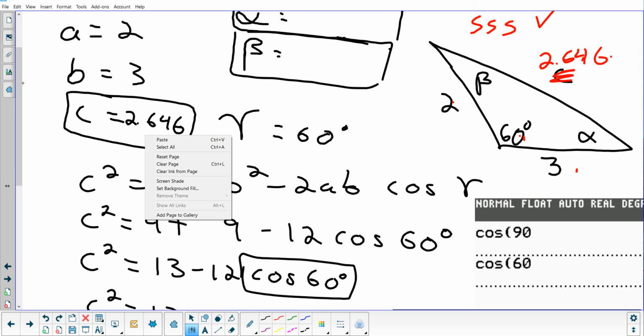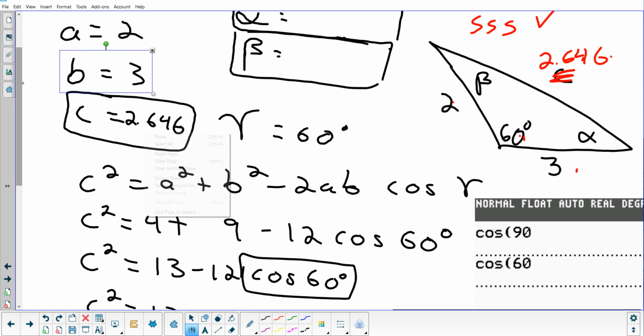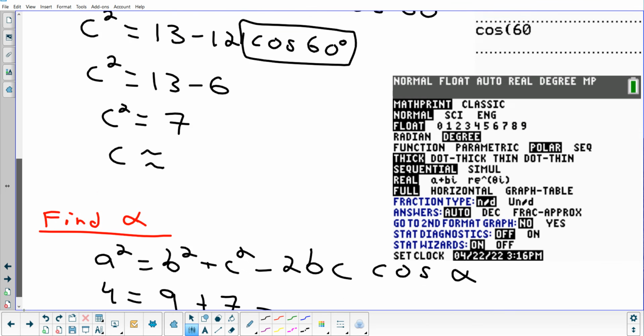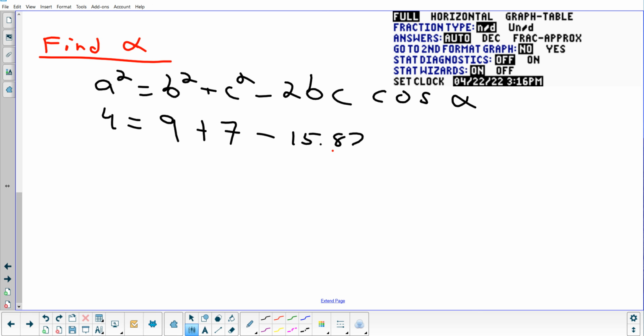Anyone with a calculator can just type in 6 times 2.646, because we're doing 2 times b times c. 15.876. All right.